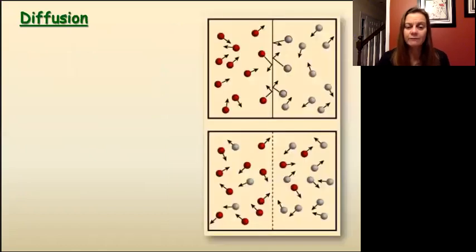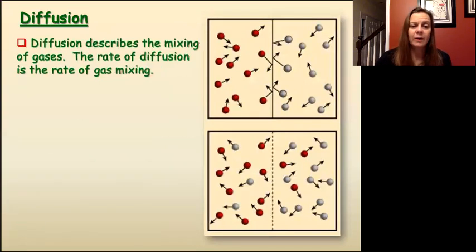All right, diffusion. So diffusion is the idea that if there is no barrier, gases will mix. And this is what's responsible for the fact that you can smell things from far away.